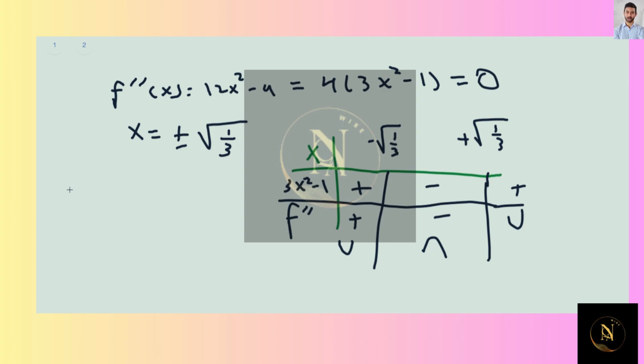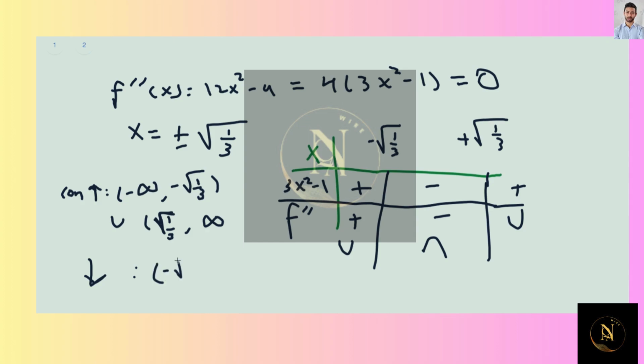So our intervals, concave up, is negative infinity to negative root 1 over 3, union positive root 1 over 3 to infinity. And then concave down occurs between negative root 1 over 3 and positive root 1 over 3.